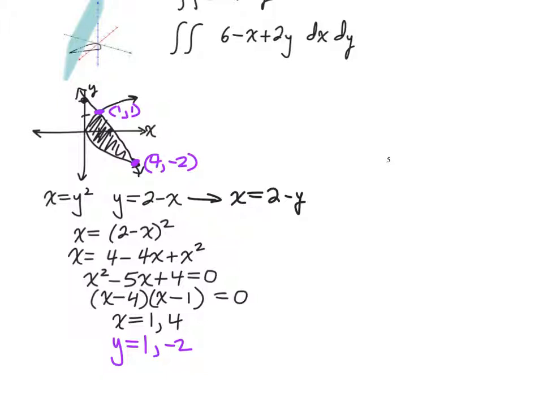So we're restricting it between two functions and then adding the further restriction that that function has to exist only between particular constant values. So looking at this from left to right, upper bound, lower bound. The lower bound would be the parabolic function. So y squared goes on the bottom.